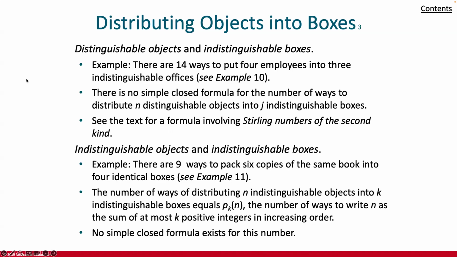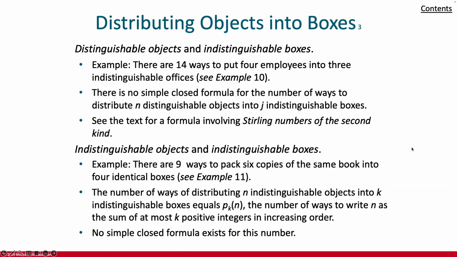Here are just some more examples. For distinguishable objects and indistinguishable boxes, there are 14 ways to put 4 employees into 3 indistinguishable offices. You can read through the rest of this and think about it.